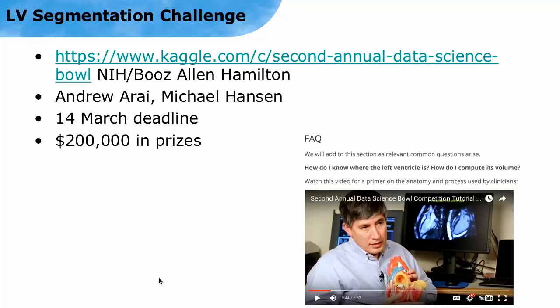One challenge which has recently finished was run out of the NIH. Here's Andrew Arai, one of the most well-known cardiologists in MRI, explaining how the heart works to the computer vision community. And this was a machine learning challenge run out of Booz Allen Hamilton, which is actually a management consulting firm, who funded $200,000 in prizes for the best person who could come up with a method for segmenting the left ventricle.